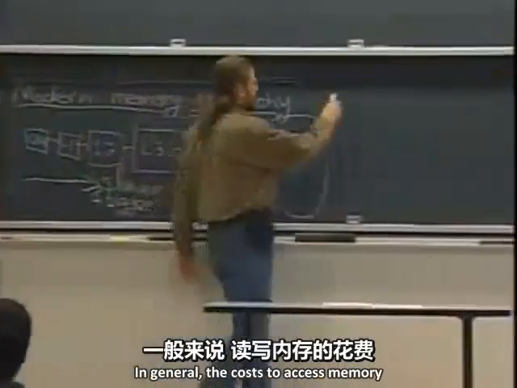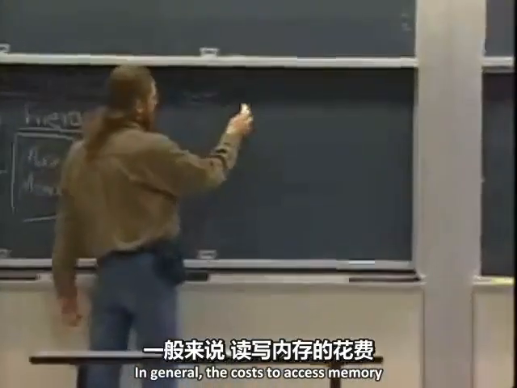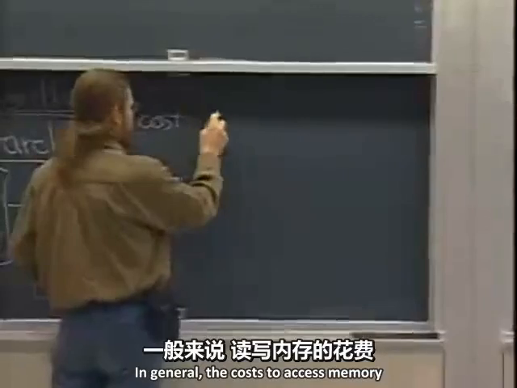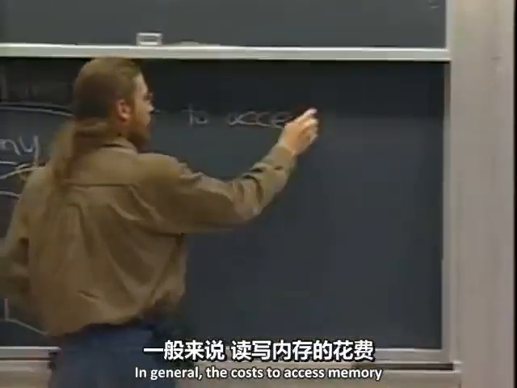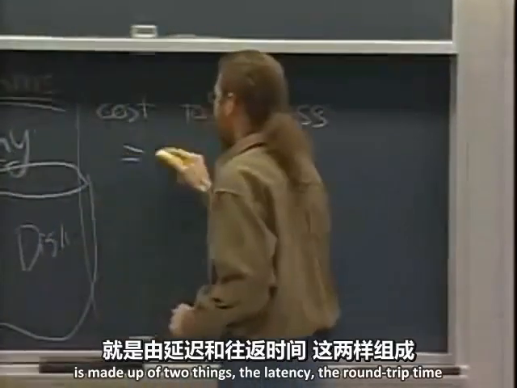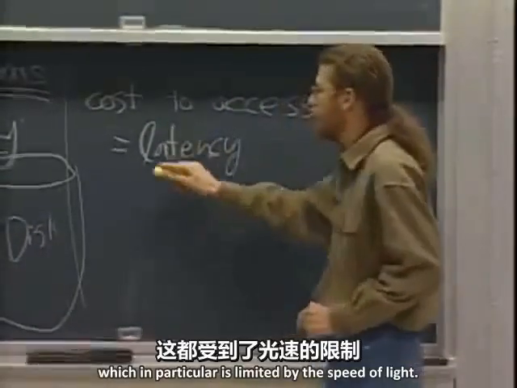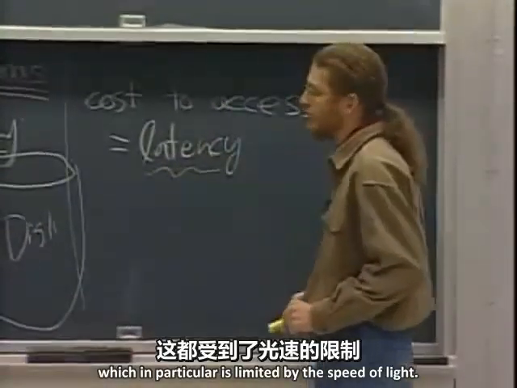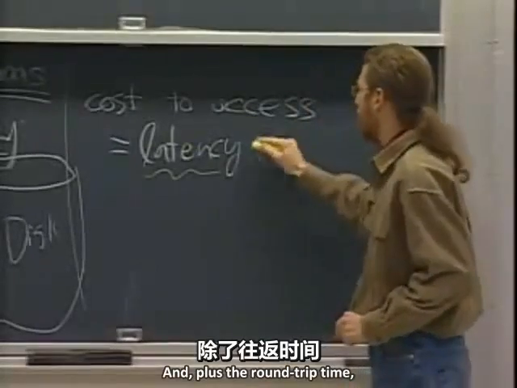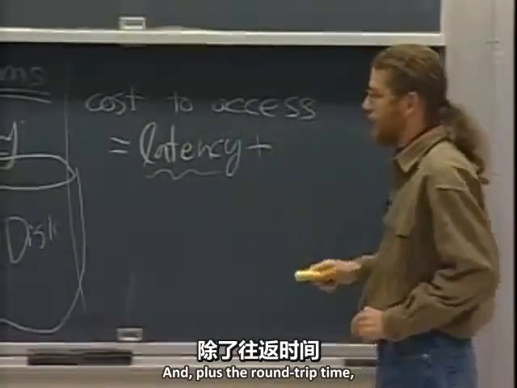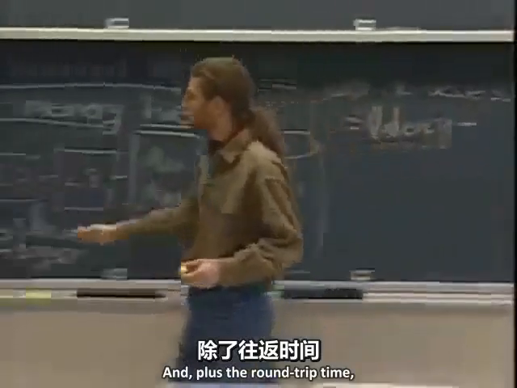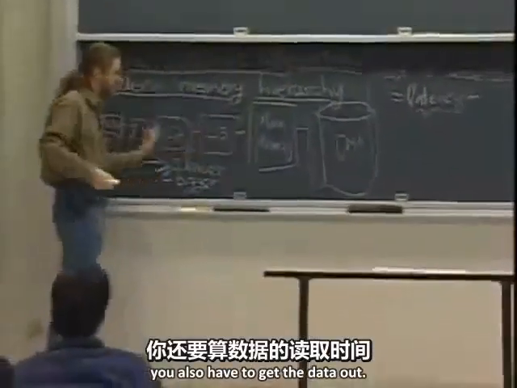In general, the cost to access memory is made up of two things. There's the latency, the round trip time, which in particular is limited by the speed of light, say. Plus the round trip time, you also have to get the data out.